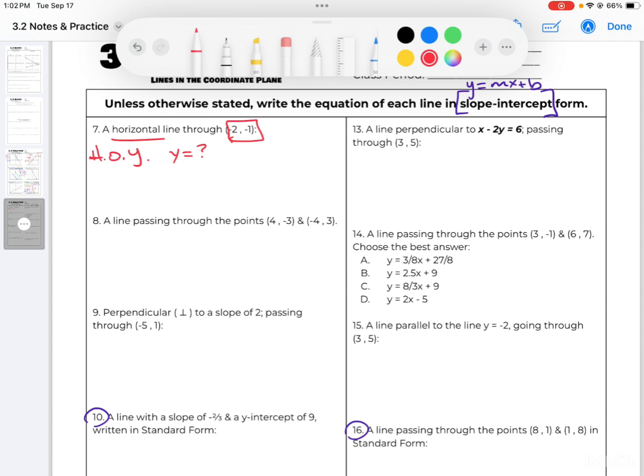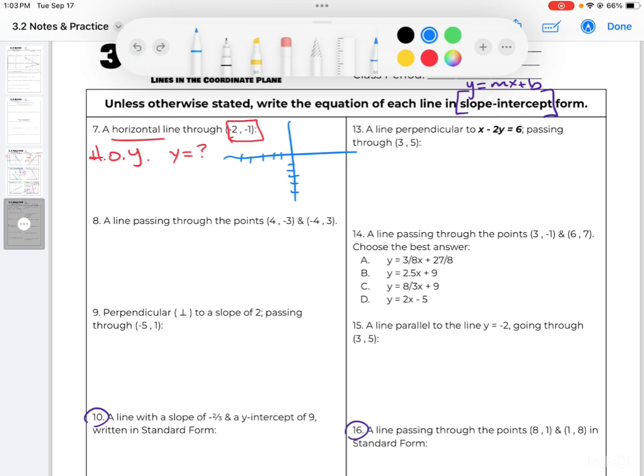Y equals something. So just to help you visualize this, if we were to quickly graph this out, it goes through -2, -1. So it's a horizontal line.